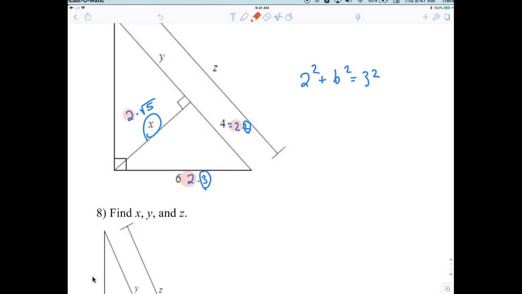Wait, so the answer is 2 radical 5? Yes. The answer is 2 radical 5. Really, if that's too complicated for you, just leave it as 6 and 4.